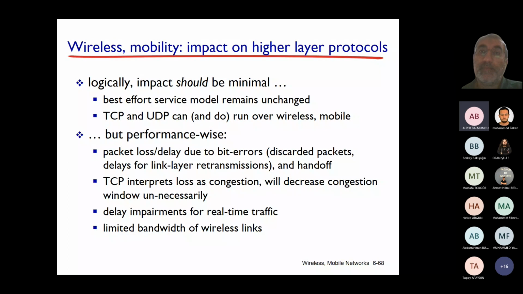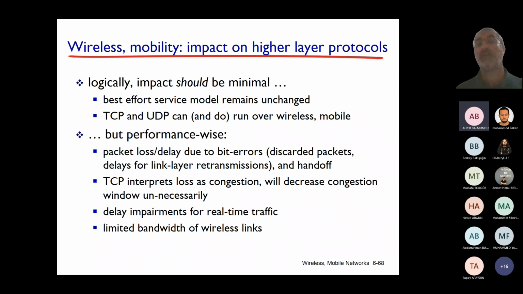So what is the impact of mobility on higher layer protocols? Logically, this impact should be minimal because the best effort service model remains unchanged. And we utilize TCP and UDP at the transport layer to run over wireless and mobile networks.